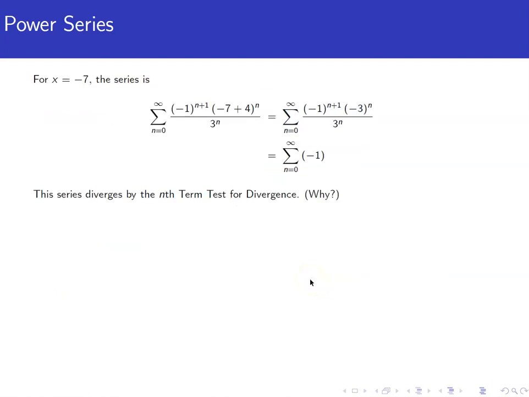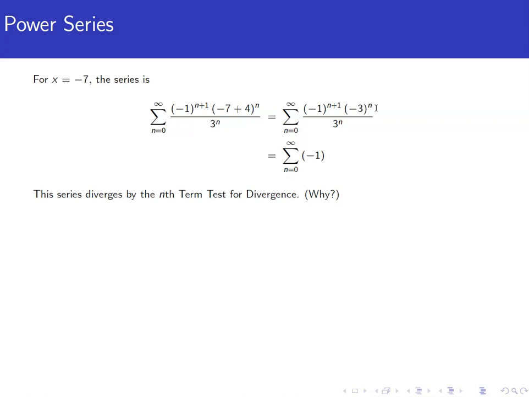We need to check the convergence of that series at those endpoints. If we put in negative 7, we get (-7+4) to the nth power, or (-3) to the n power. Our 3 to the n's will cancel. We'll get (-1) to the n+1 times (-1) to the n.